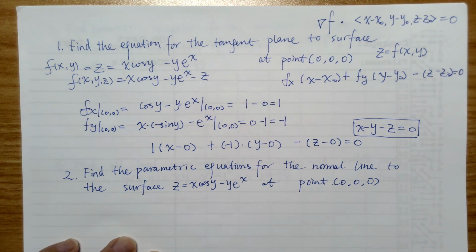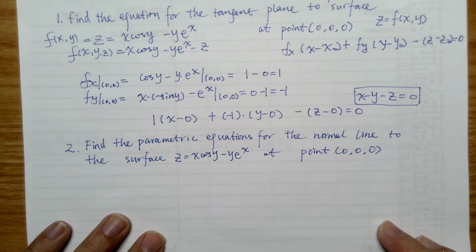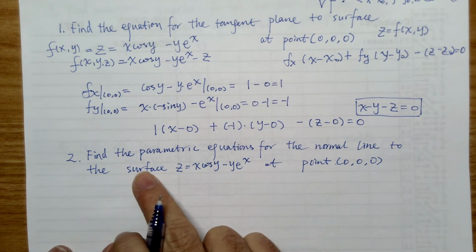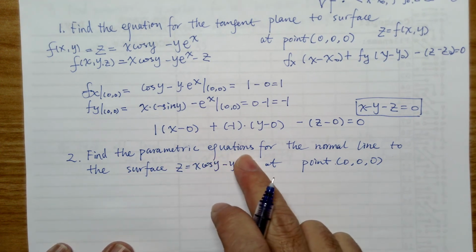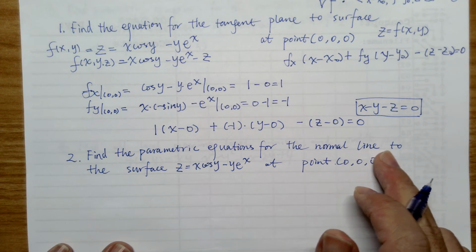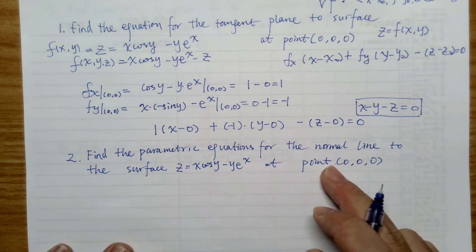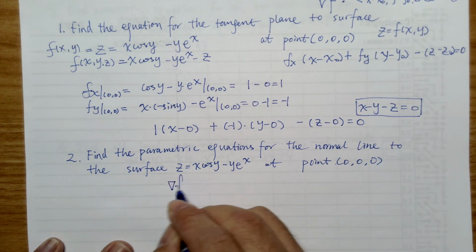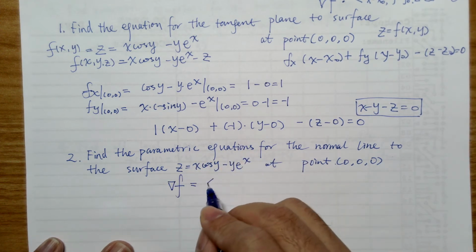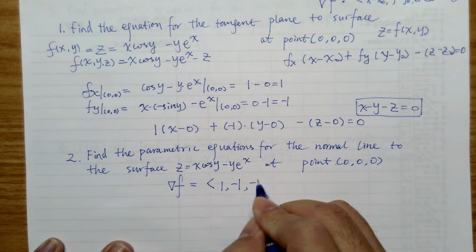Okay, so the next question is associated with number 1. Find the parametric equations for the normal line to the surface at this given point. The gradient we already calculated is 1, -1, and -1.